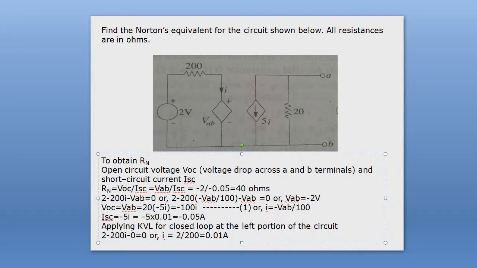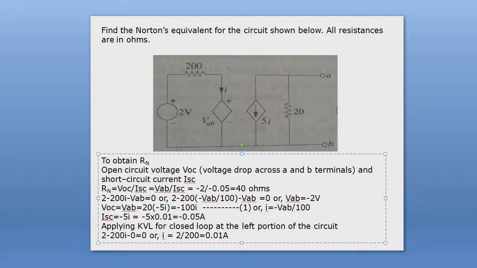Everyone try to understand the solution of the present problem. Here you just use the basic concept of KVL, and the steps required to draw the Norton's equivalent circuit.